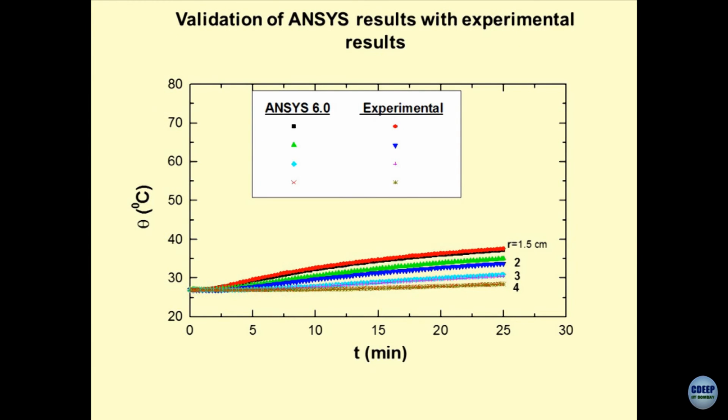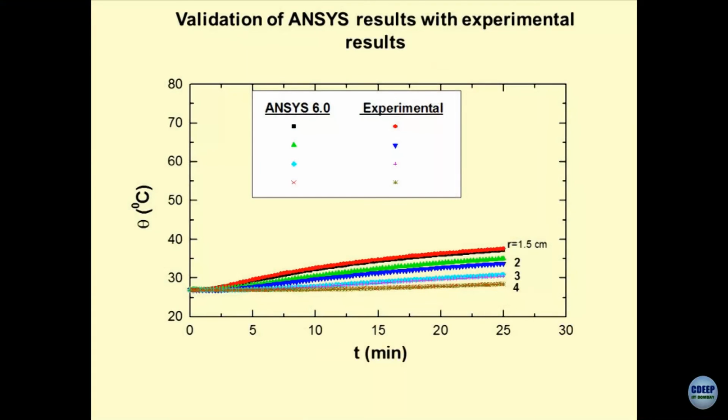If you plot the results of ANSYS and the experimental results which we have obtained for different radial distances and times, you will see they overlap quite well. This is the validation of your experimentation, or the validation of the mathematical code which you are using, or the validation of the parameters which you have selected for making a mathematical model.